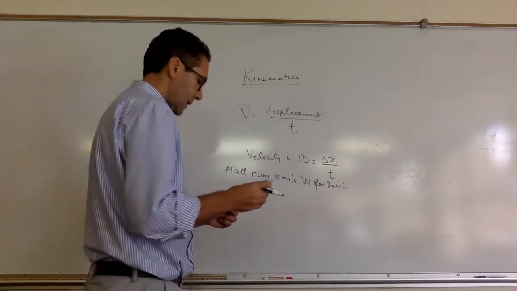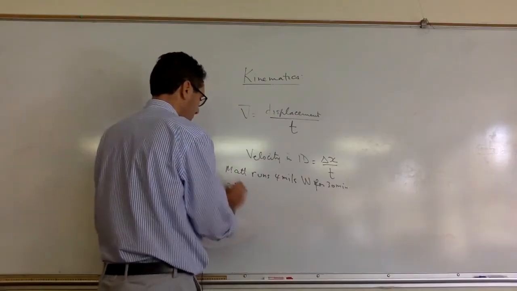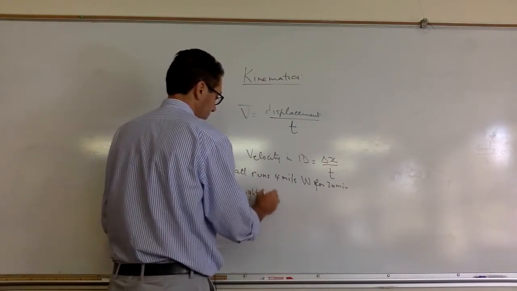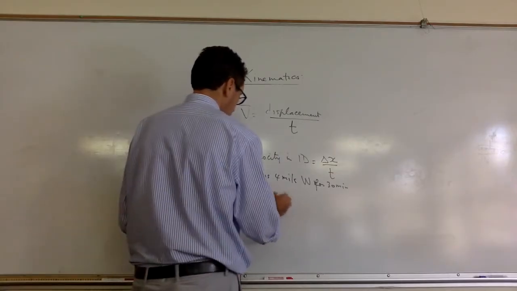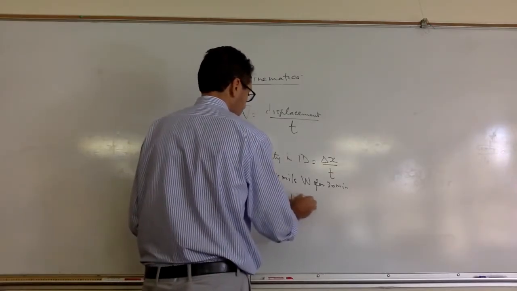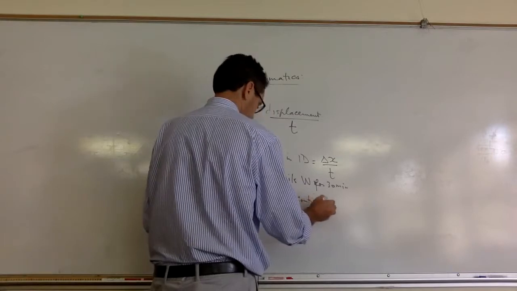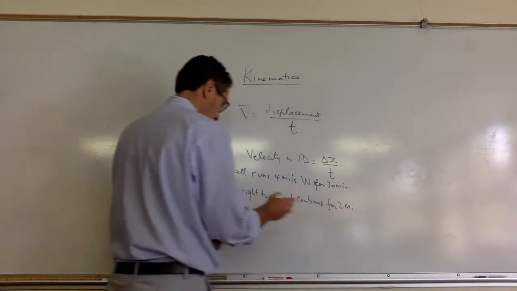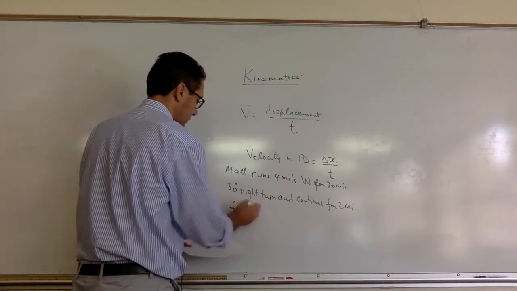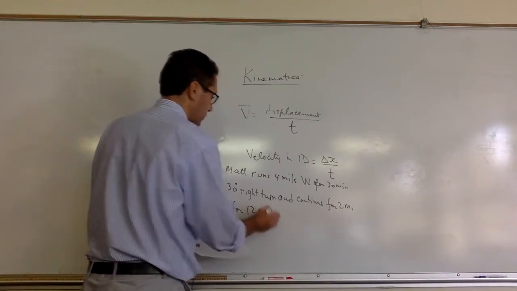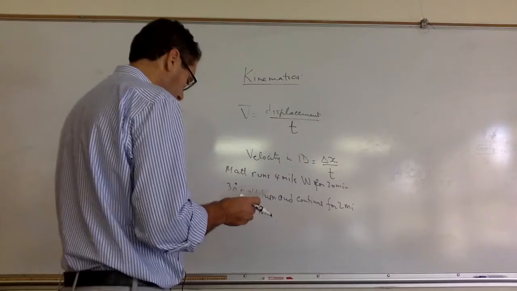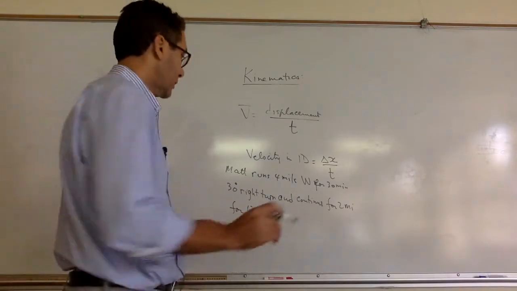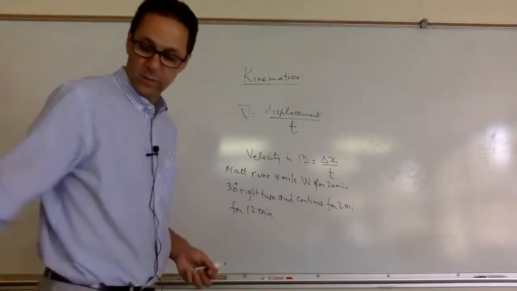He then makes a 30-degree right turn from his perspective and continues for 2 miles for an additional 12 minutes. Now he's going faster, it looks like. What's his speed and what's his velocity in miles per hour? So let's see if we can do that.